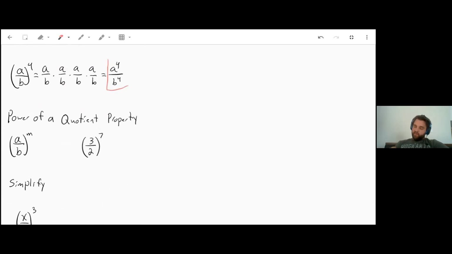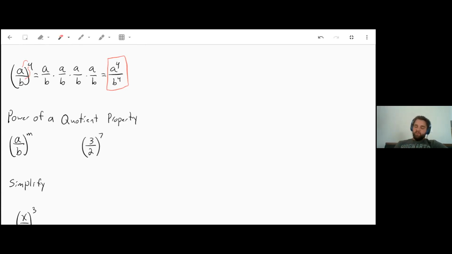So our answer comes out to be a to the 4th over b to the 4th. So this property ends up working the same as when it was all just multiplication. So when you have the power on the outside, you can just distribute it to the inside pieces, assuming it's only multiplication or division on the inside.